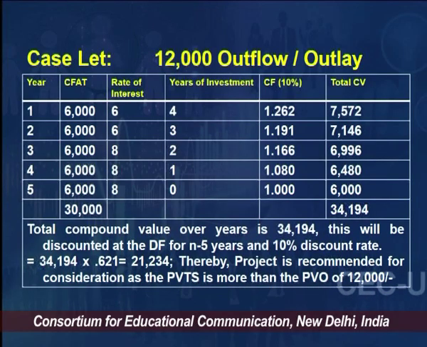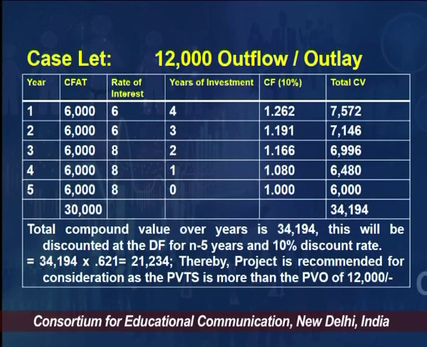So, as I said, the life is 5 years in this case, and whatever we receive in the first year, by chance we are receiving 6,000 every year, we may be receiving different amounts in different years, right. Whatever we receive in the first year would be reinvested for 5 minus 1, because we are receiving 6,000 at the end of the year. All the cash flows are expected to be received at the end of the first year, second year and so on. So, this would be reinvested for 4 years.